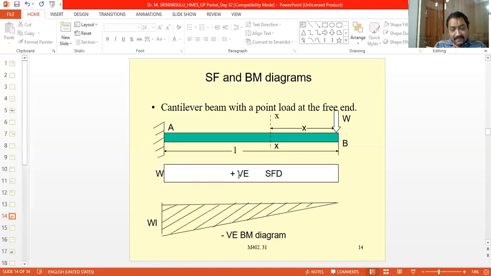Here the shear force is positive throughout the length of the beam, and the bending moment is negative throughout the length of the beam. So this is the shear force diagram and this is the bending moment diagram for the cantilever beam, that is, the SF and BM diagrams for the cantilever beam.